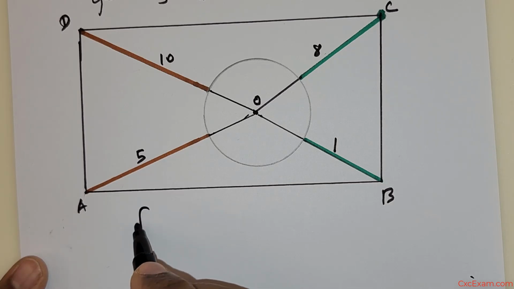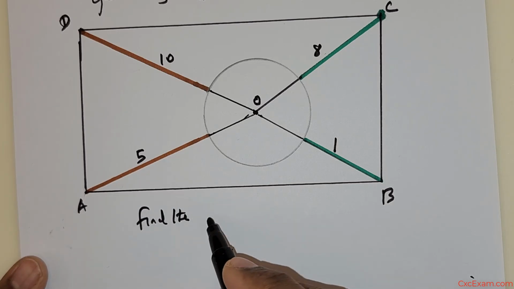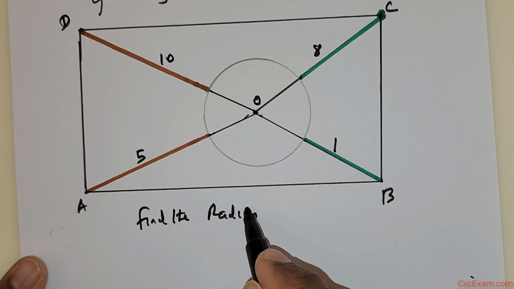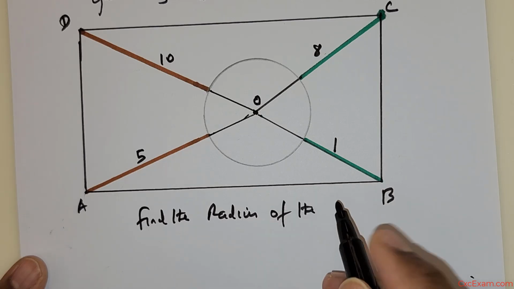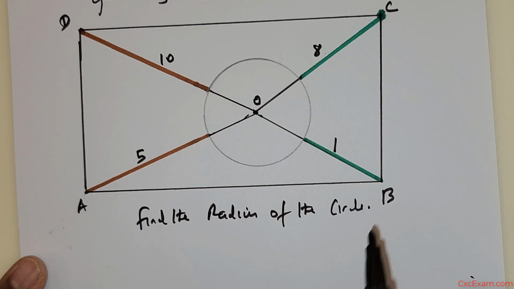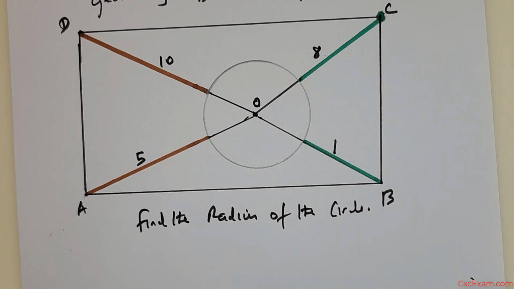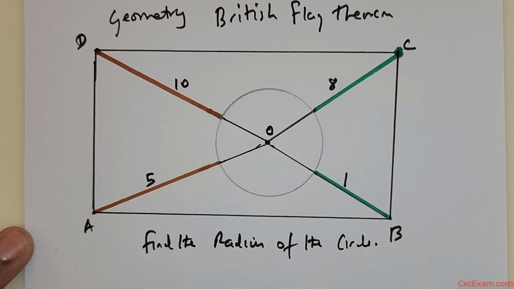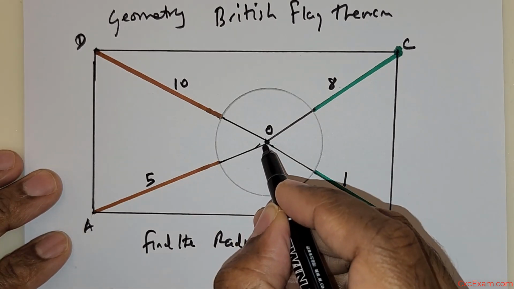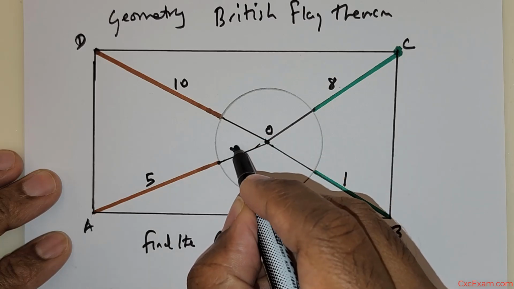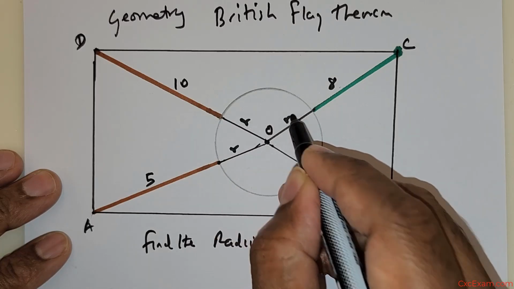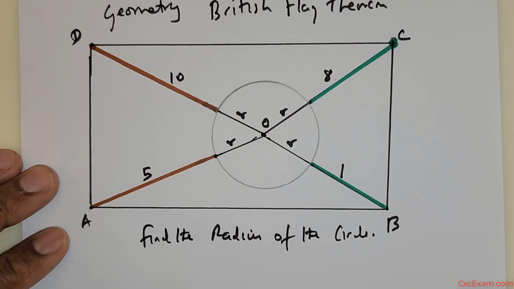The requirement is to find the radius of the circle. Okay, that is the requirement. So clearly this distance is R, this distance is R, this distance is R, this distance is R.